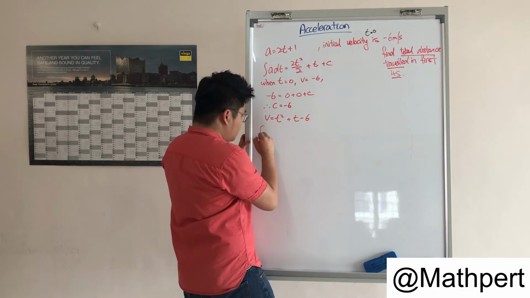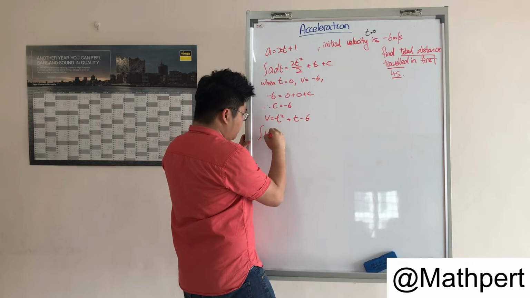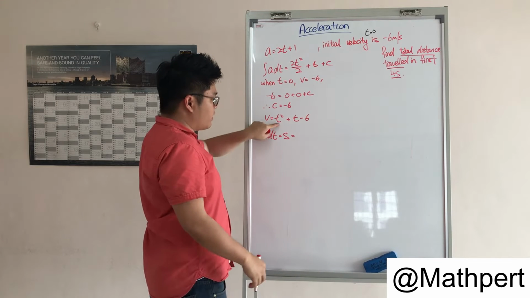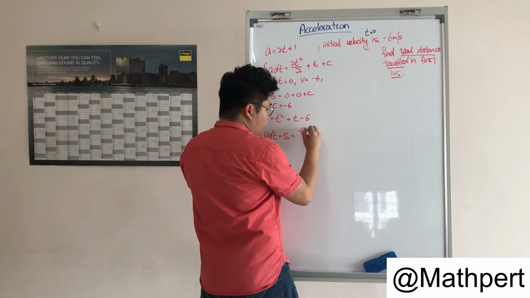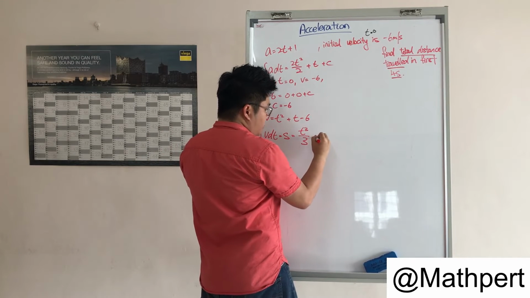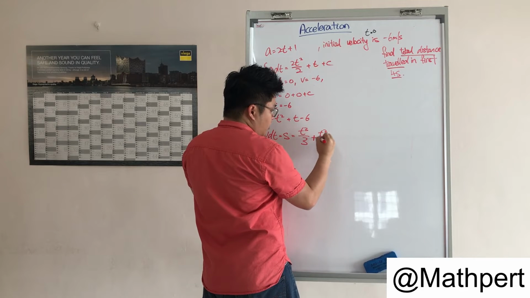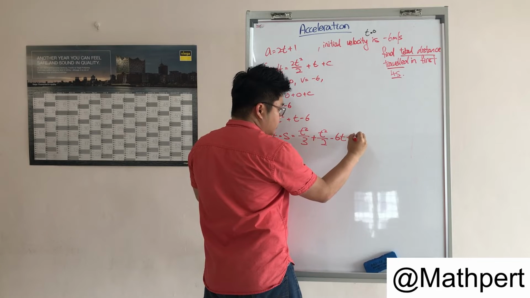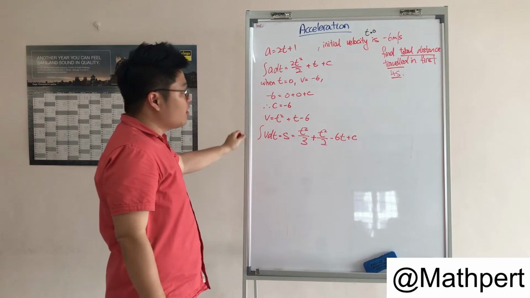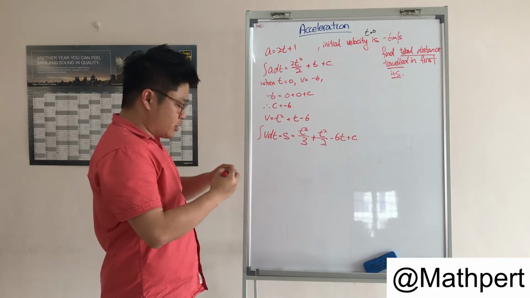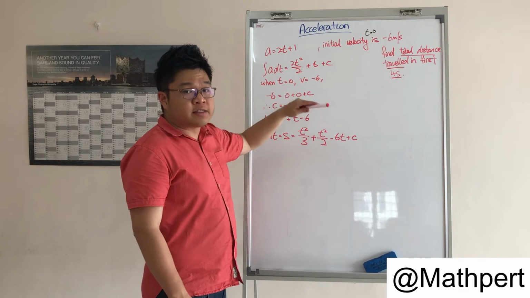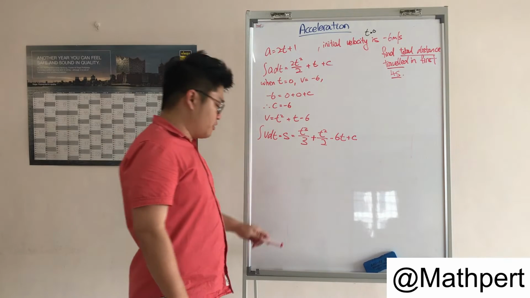So integrate v dt, and we get s = t³/3 + t²/2 - 6t + c. Just now it was mentioned in the question that the particle moves in a straight line and starts from a fixed point.